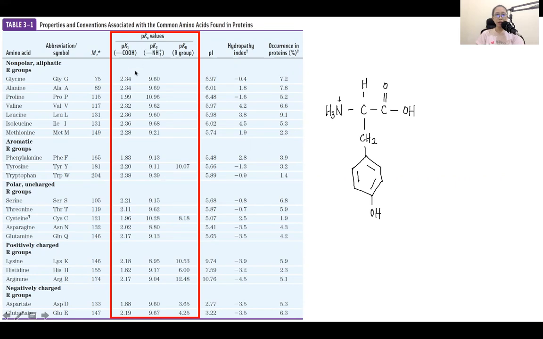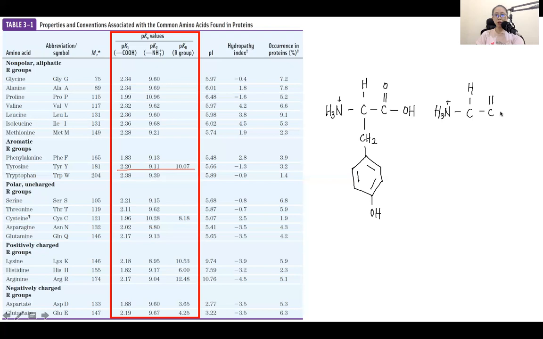So for tyrosine, we have pK1, which is 2.20, which means at pH 2.20, in a system composed of tyrosine molecules, half of the tyrosine molecules have this structure, while half of them have the proton from the carboxylic acid functional group dissociated.